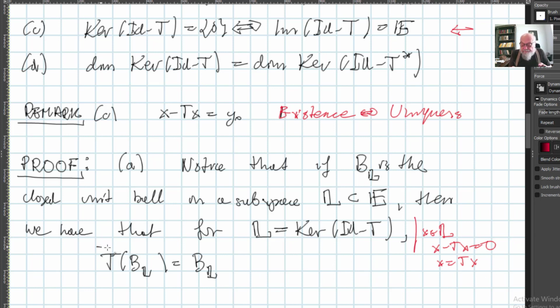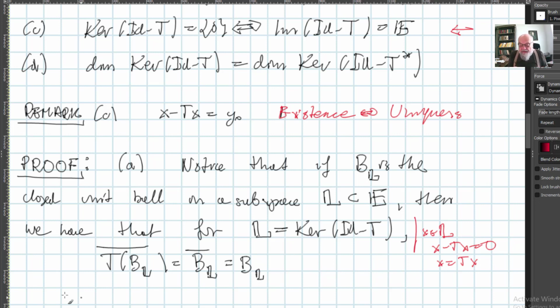Now if you put here closure, that one is actually B_L, because the space is closed, because T is continuous, so identity minus T is continuous. So the kernel is closed.